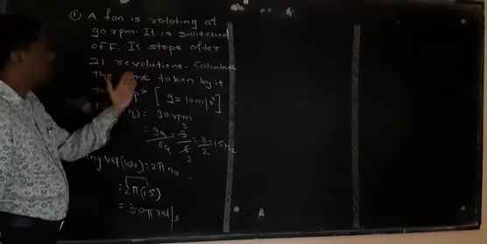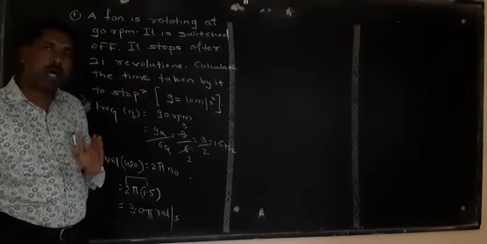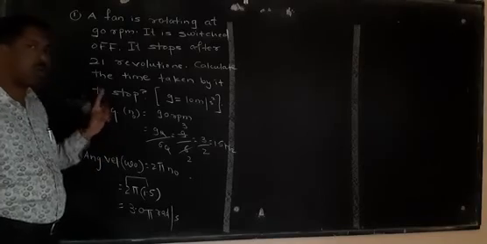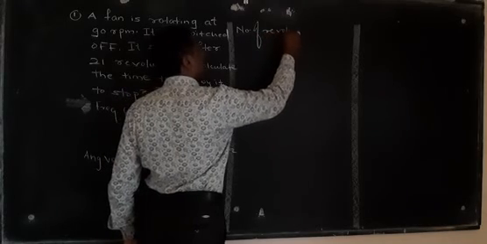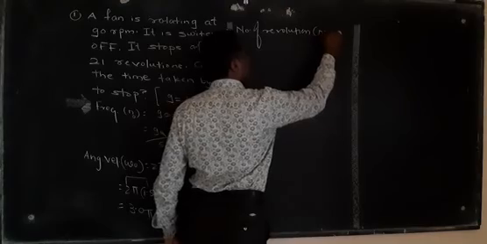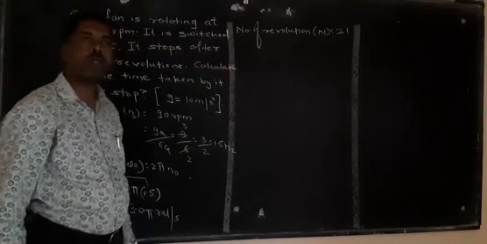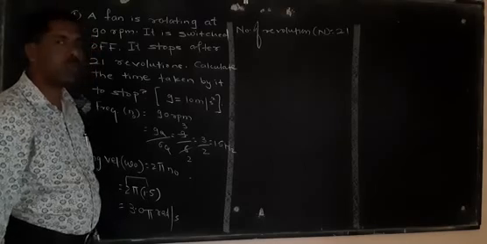It stops after 21 revolutions. The fan stops after how many revolutions? After 21 revolutions. So number of revolutions, that is n is equal to how much? 21. Okay, number of revolutions is equal to 21.